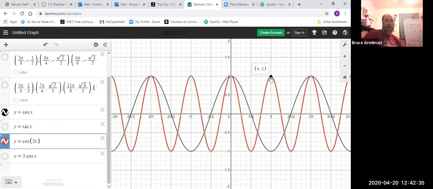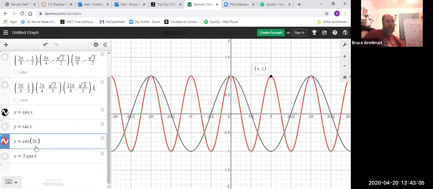We got there in pi. So this now has a new period. If we know this graph from 0 to pi, that's enough for us to cut and paste and replicate the entire graph. So the period is now pi. Remember the formula for the period is 2 pi divided by the b. If we take 2 pi and divide it by 2, we get pi.